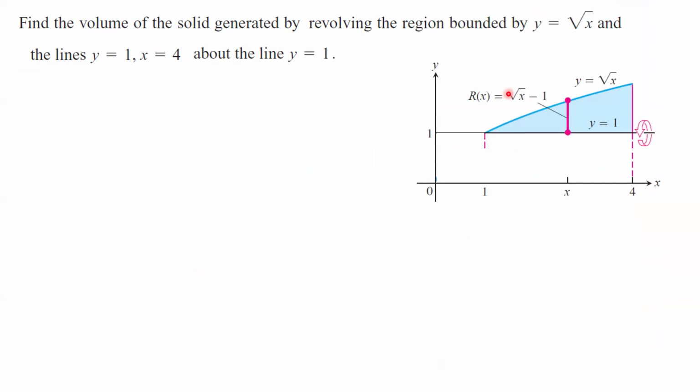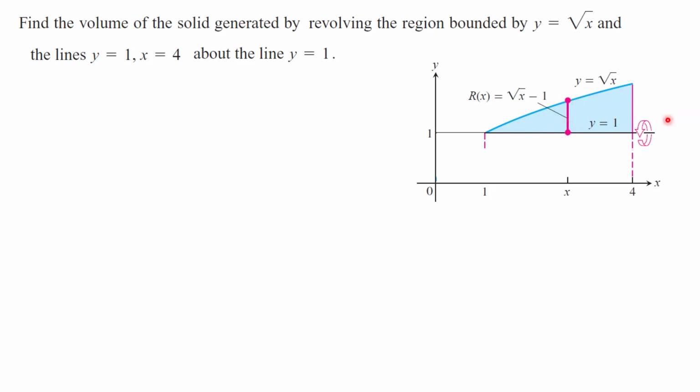Now, the top function is square root of x. The radius that you're looking at is this slice here, which is square root of x minus 1. We find the distance between these two functions to have the radius.